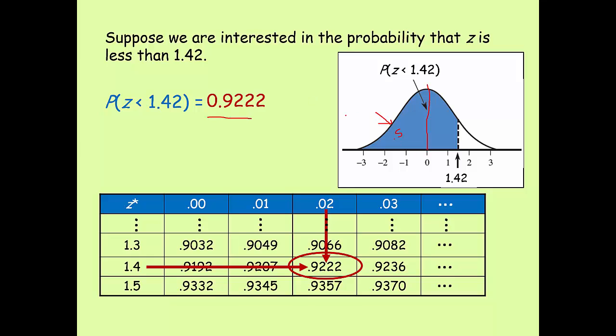So you would expect this number to be bigger than 0.5, because if I'm going to here, that's already half the data, and now I'm just adding this piece on this side. You don't just want to look things up in a table, you want to be able to say, yeah, that makes sense because it has to be bigger than 0.5, to be able to see that I'm already past half my data.